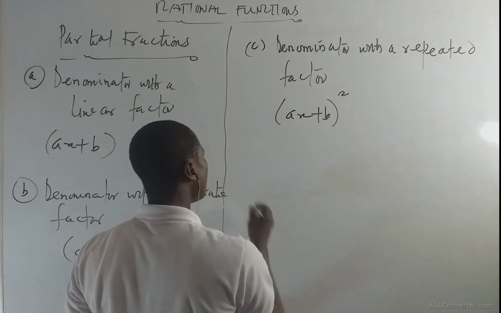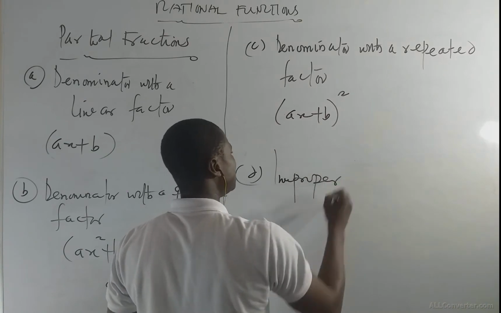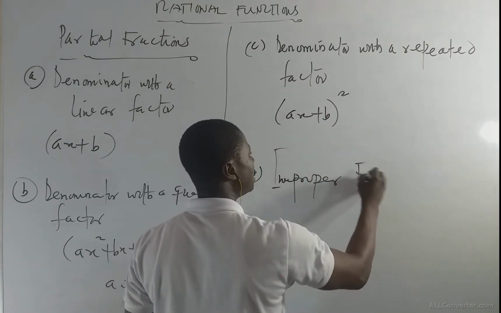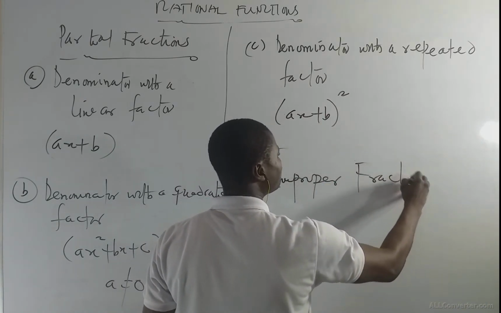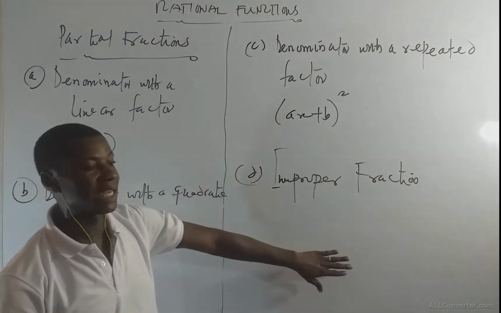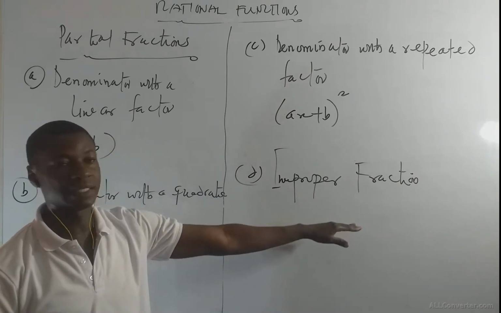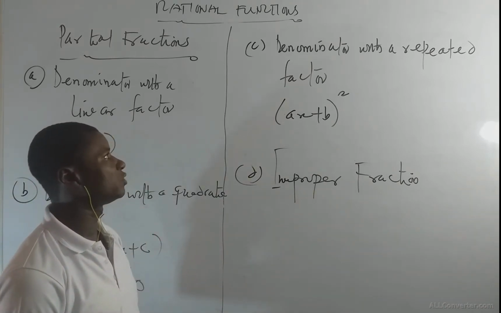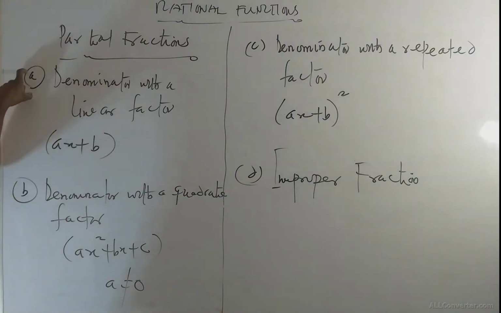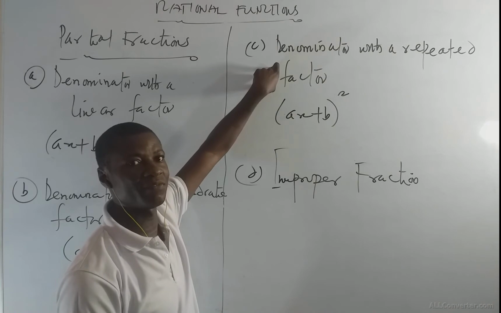Now, with the fourth one, that is improper, we are saying that with improper fractions, the degree of the numerator must be equal to or greater than the degree of the denominator. If it happens like that, then that one will be an improper fraction. And there are rules for that, and I'll teach you that when we go to the improper fractions. So take note that the first type, denominator with a linear factor, the second type, denominator with a quadratic factor, and the third type, denominator with a repeated factor, are all proper rational functions.